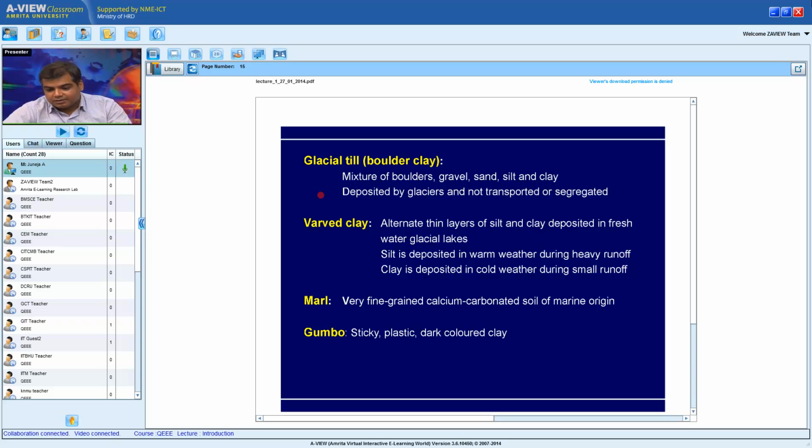Before I continue, let me see if this file is downloadable. I apologize, I have now permitted download of the file, so on your PC you can right click and download it. You need not jot down each and everything right now.